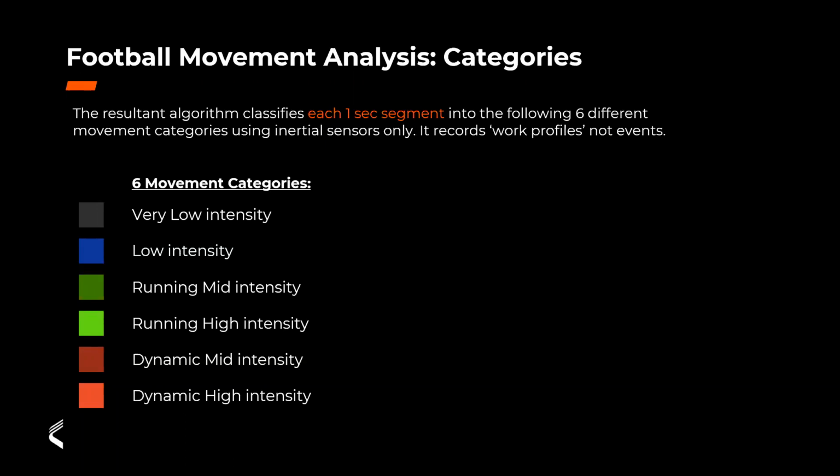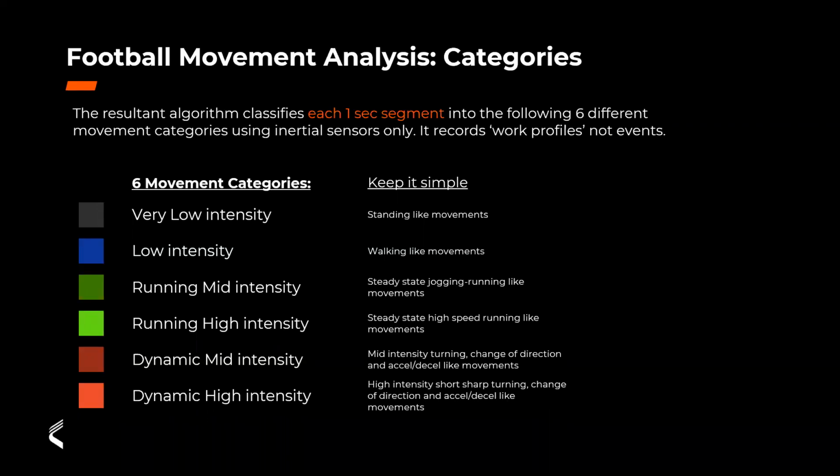Here you can see the 6 categories: very low intensity work, and then 2 of the more linear running based categories, medium intensity and high intensity running activity. Then we've got these 2 new categories, if you like, which better represent the mechanical or dynamic aspects of the sport, and these are at medium and high intensity.